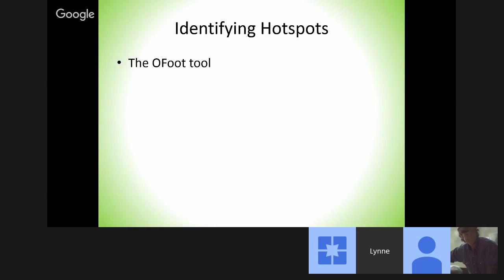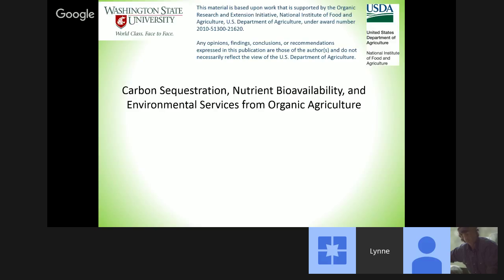So in this project, what we really wanted to do was give producers a tool that they could use to make reasonable estimates of their own farm's footprint and identify the hotspots, or those places, times, activities, and materials that are contributing strongly to their farm's footprint.